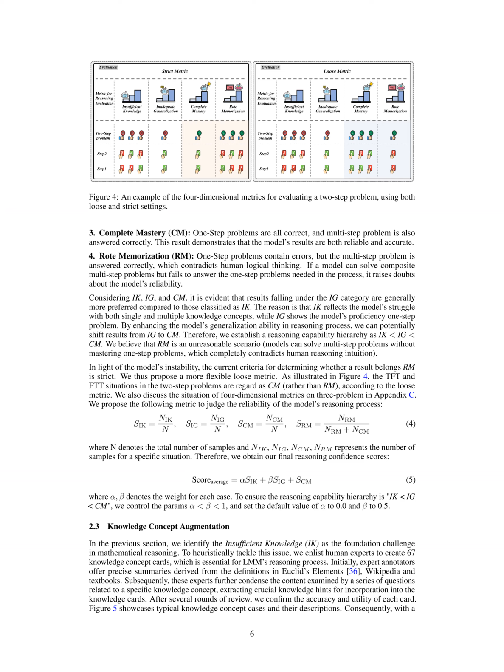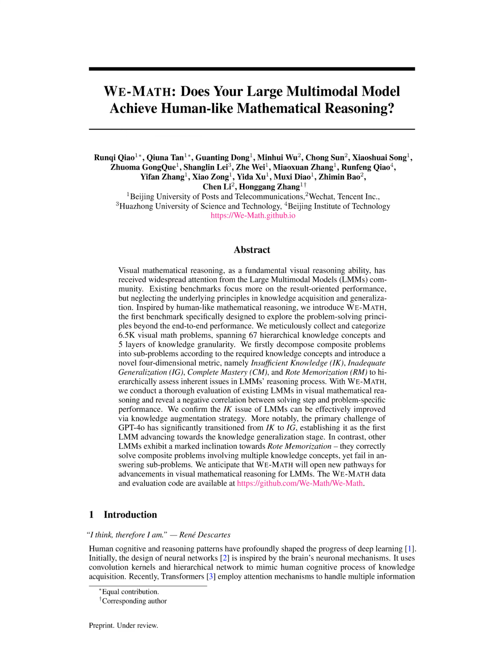4. Reasoning evaluation. The responses from both the M1-step subproblems and the original problem are classified into 4 categories: insufficient knowledge (IK), inadequate generalization (IG), complete mastery (CM), and rote memorization (ERM). These categories assess the model's proficiency in solving individual knowledge concepts and composite problems. 5.